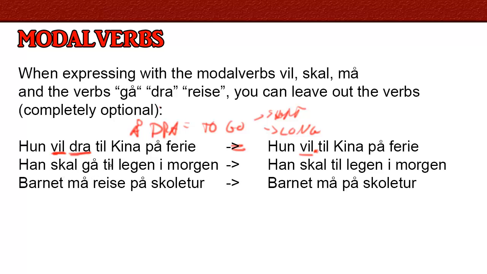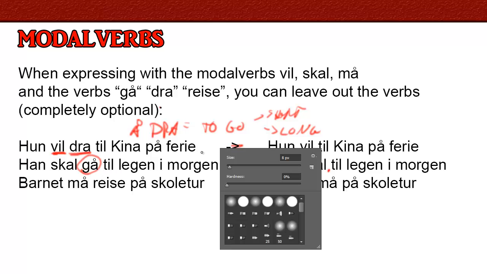Han skal gå til legen i morgen. He shall go to the doctor tomorrow. Han skal til legen i morgen. The verb å gå is mostly used for actual walking or for shorter distances.